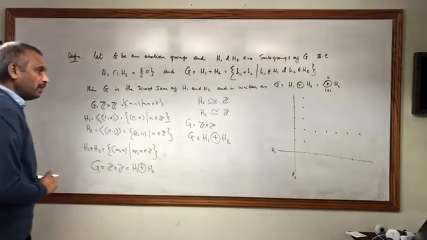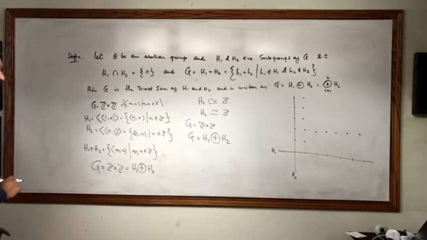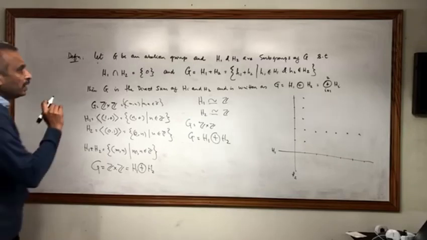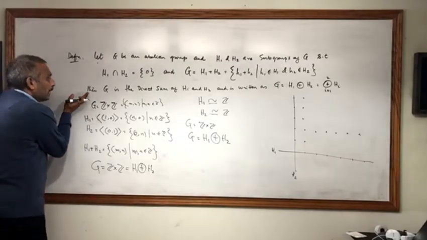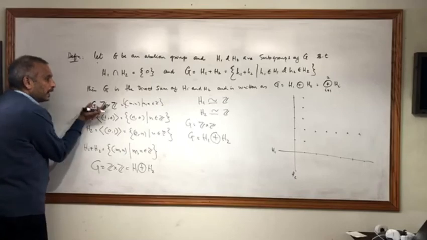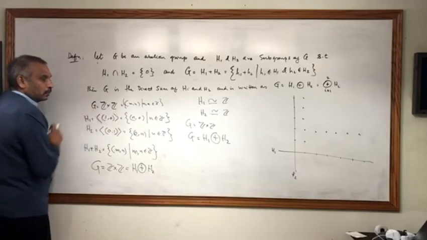A different way of expressing the direct products. This can be extended to any finite number of finitely generated Abelian groups.